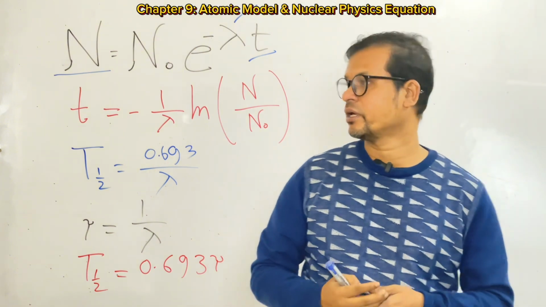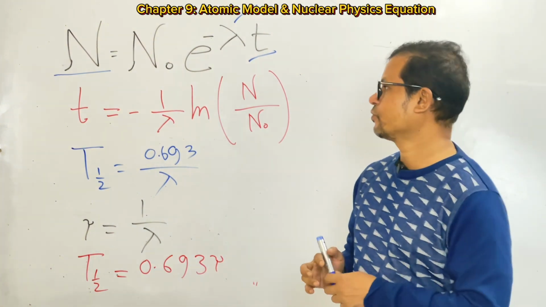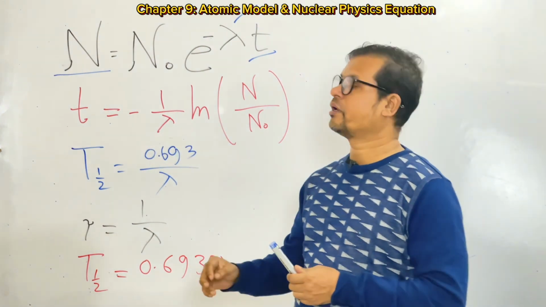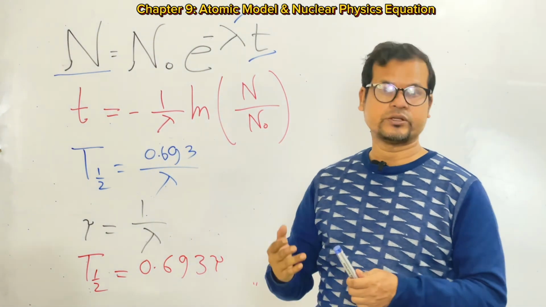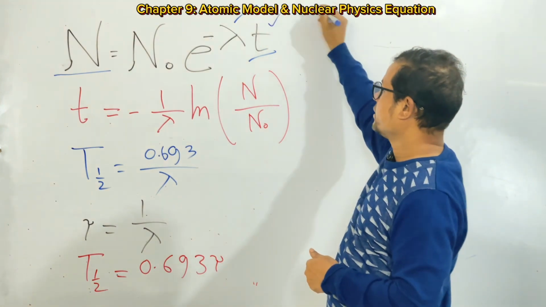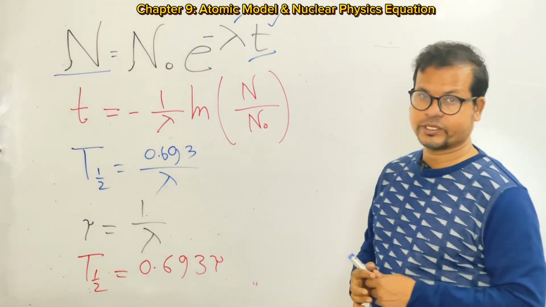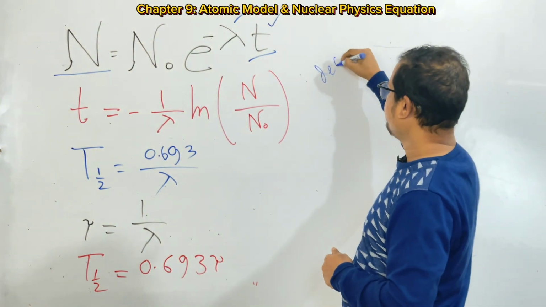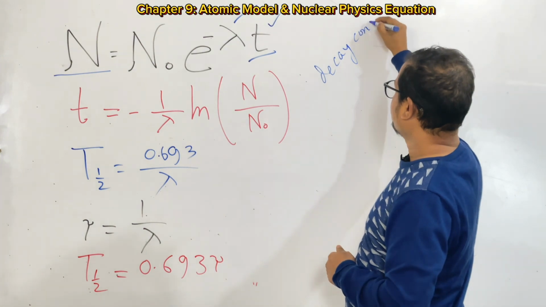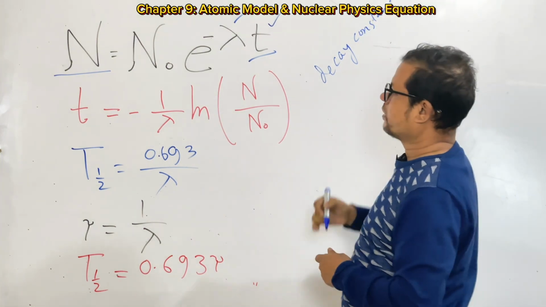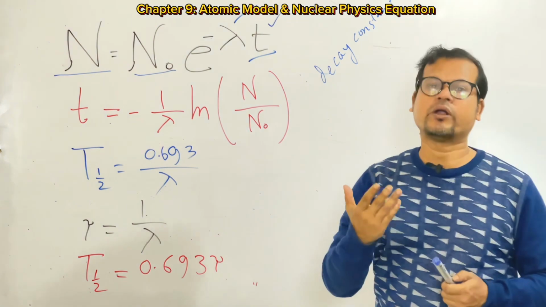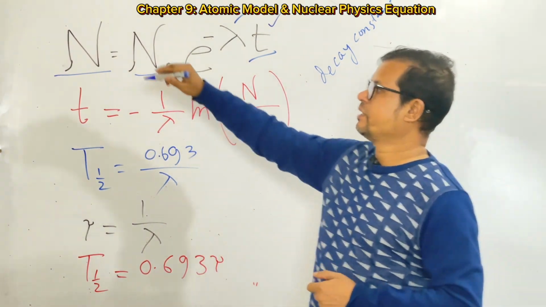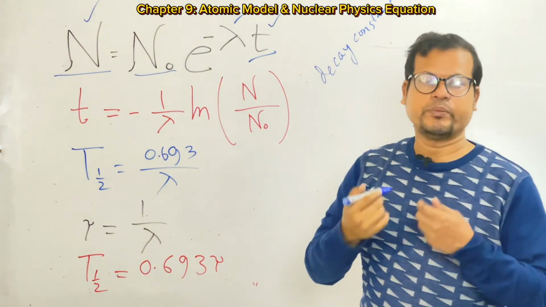Okay, and for doing this mathematics, we have to have a clear concept about N equals N naught e to the power minus lambda t. Here, t is time, and lambda is the decay constant. N naught is the number of atoms at first, and N is the remaining atoms.